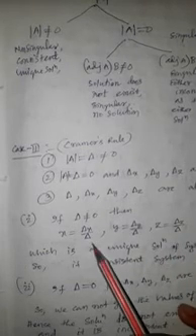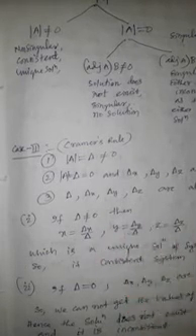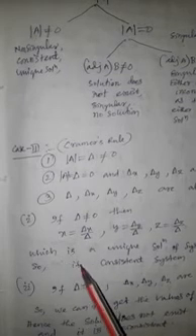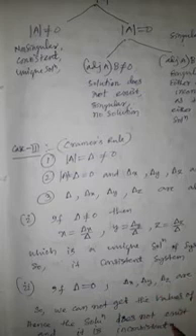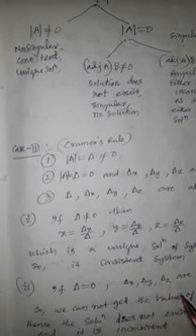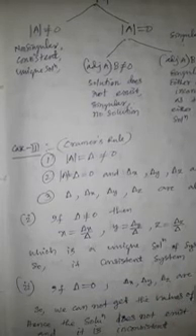Here delta is not equal to 0, that means the inverse exists. So it is a unique solution of the system, so it is a consistent system.